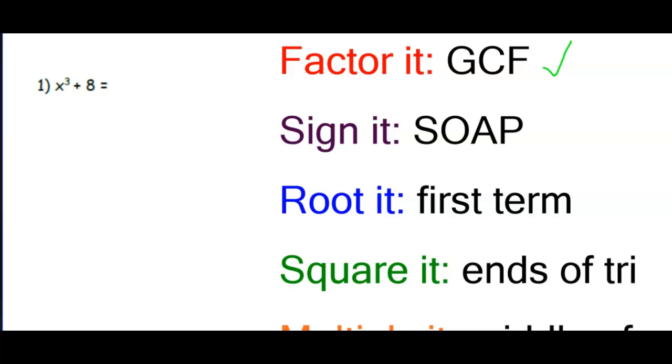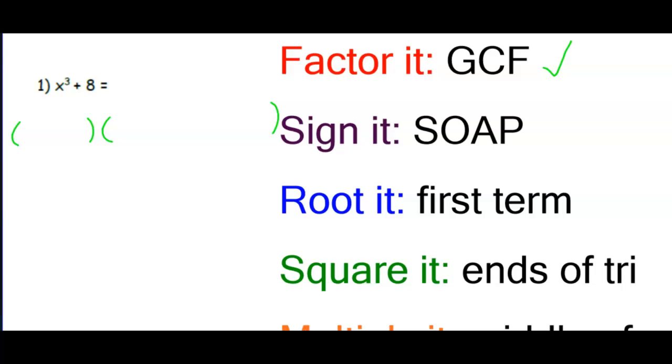Here we go. Remember, I'm going to draw parentheses for a binomial, so there's a little space in there. Then I'm going to draw another set of parentheses, and I'm going to space it out a little farther because 3 terms always go in the second one. So sign it means whatever sign is printed on the problem, that's what I print first.